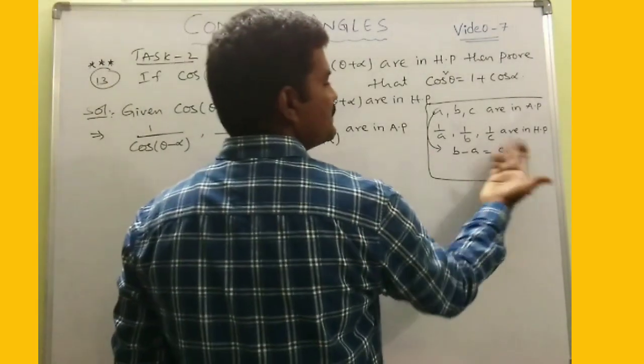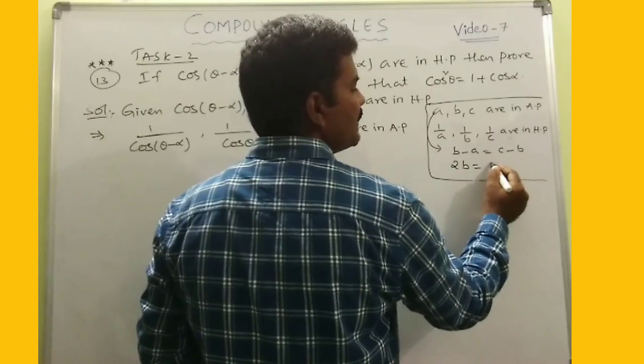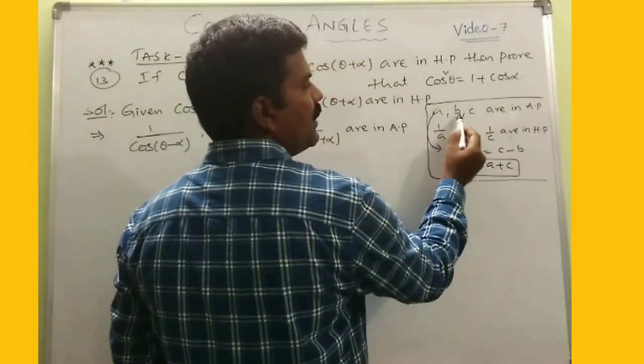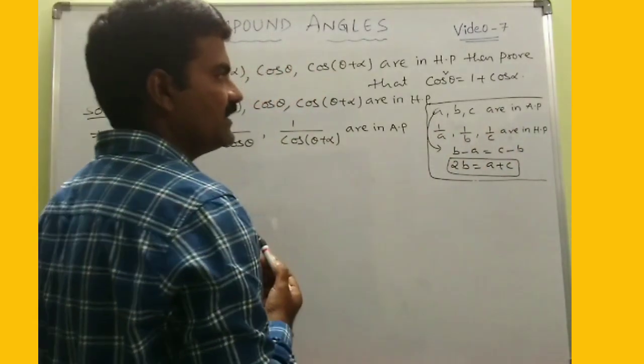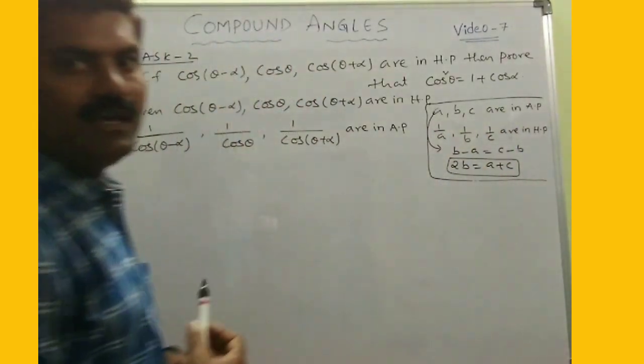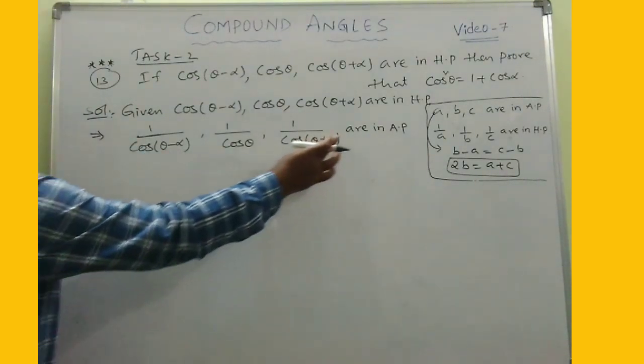So from this, minus B, if I bring it to this side, 2B is equal to A plus C. Hence, if A, B, C are in arithmetic progression, then the condition is 2B is equal to A plus C. So can we apply this now, because of arithmetic progression?